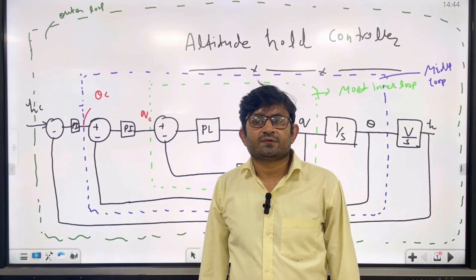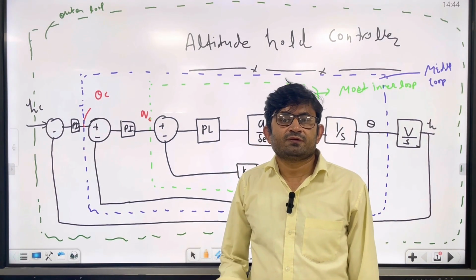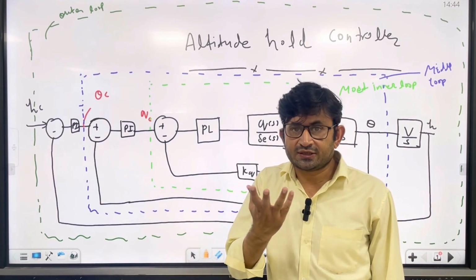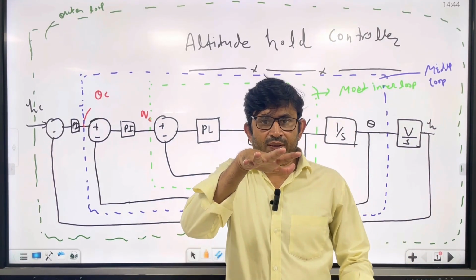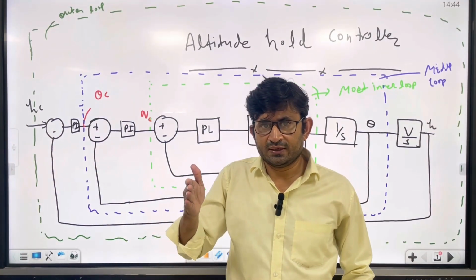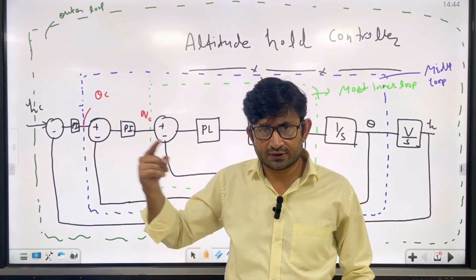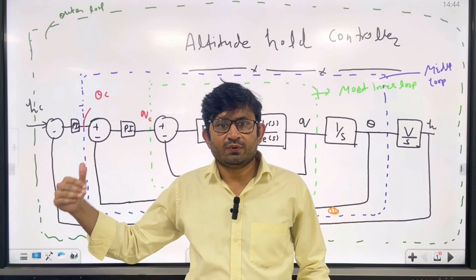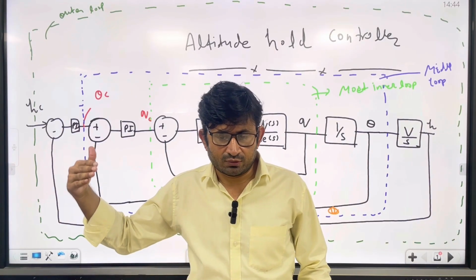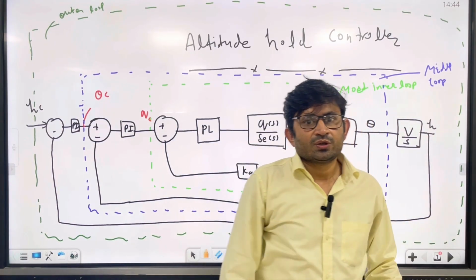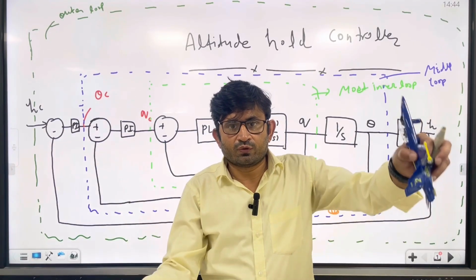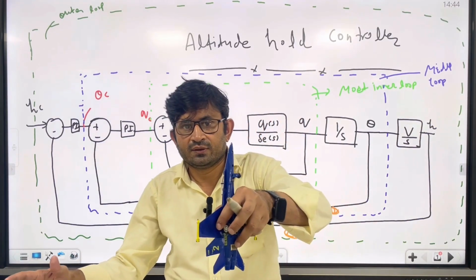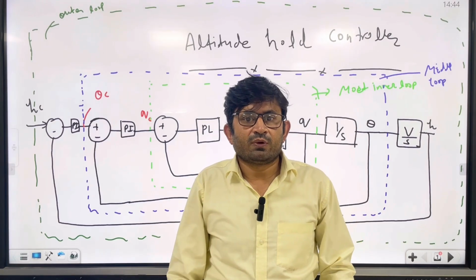if the inner loop is fast, then it will be good to reject the disturbance. Consider the quad rotor case, perfectly hovering, and some wind is coming from this direction, right? So what will the wind do? It will try to drag the quad rotor in this direction. So what is the clever way to do it? Immediately you have to roll and counter that. If you are slow, then what will happen?